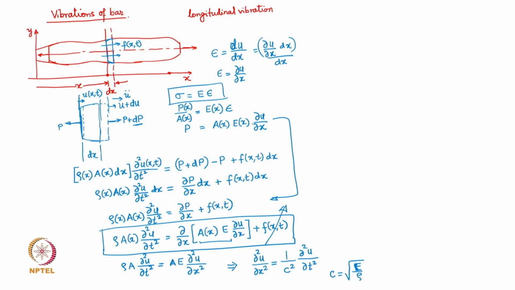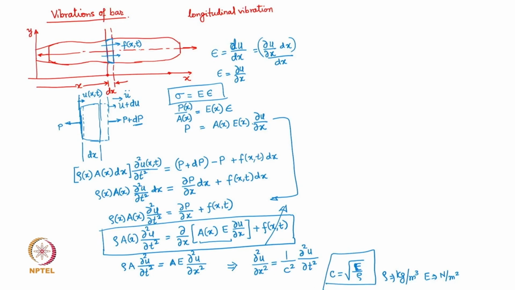The density here is kg per cubic meter, the mass volume density, and E is in the units Newton per square meter. So you can find out the speed of the wave by using this expression. Based on this expression, the value of c gets determined for a given material.